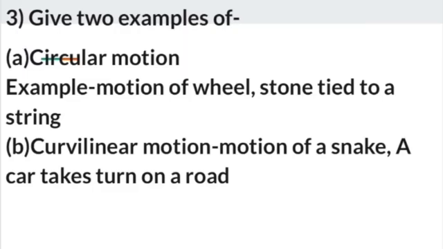It means the stone tied to a string is also an example of circular motion. Now next is curvilinear motion. So the examples of curvilinear motion are motion of a snake and a car taking a turn on a road.